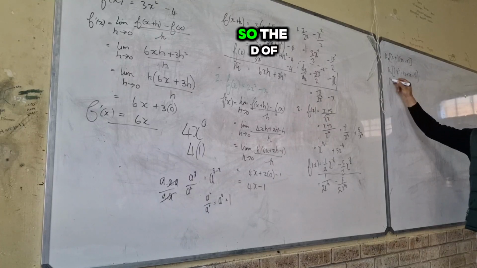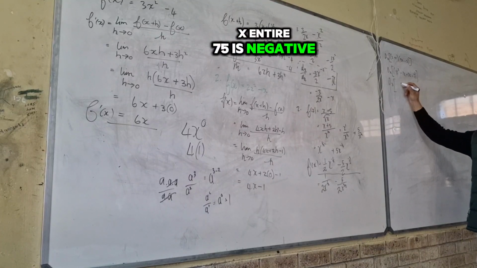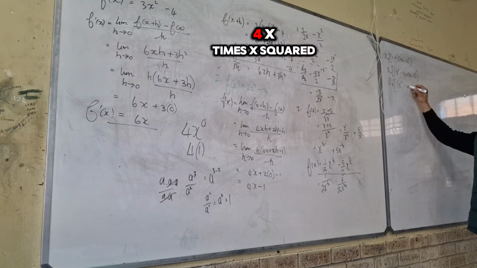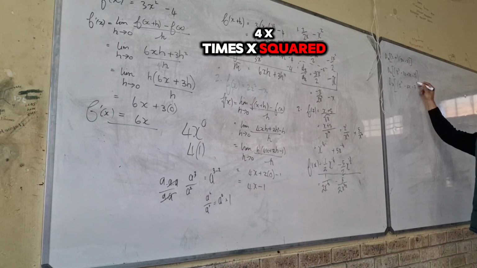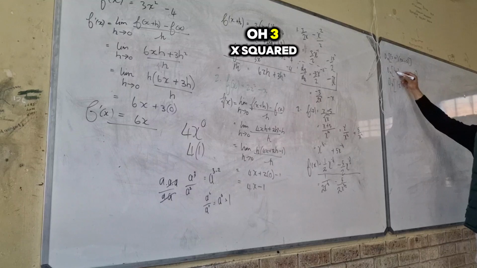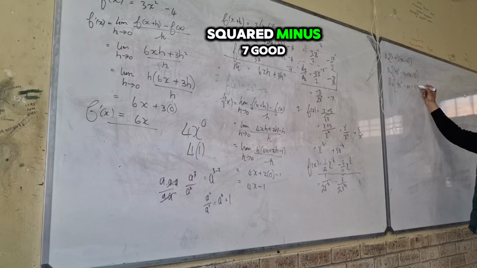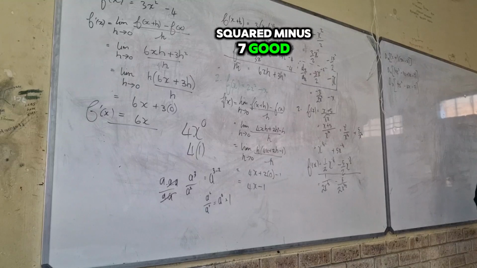So f of x, if I simplify it, is equal to 3x squared minus 4x minus 7. Good.